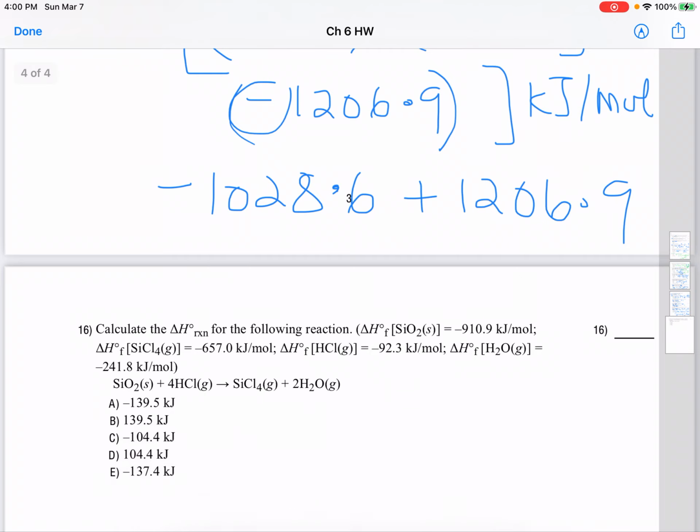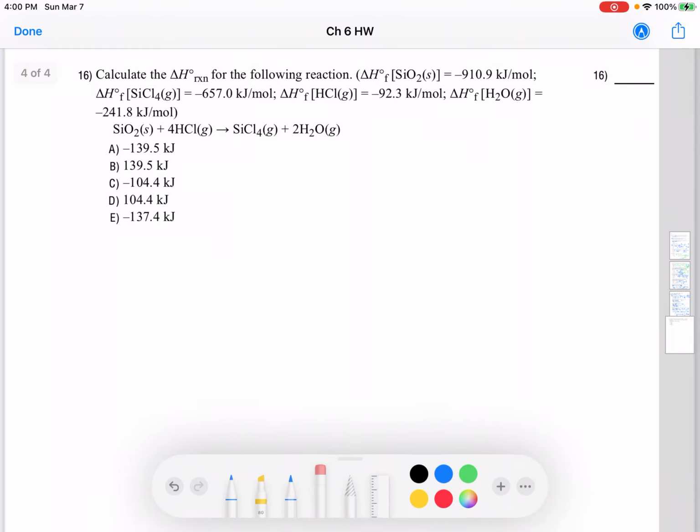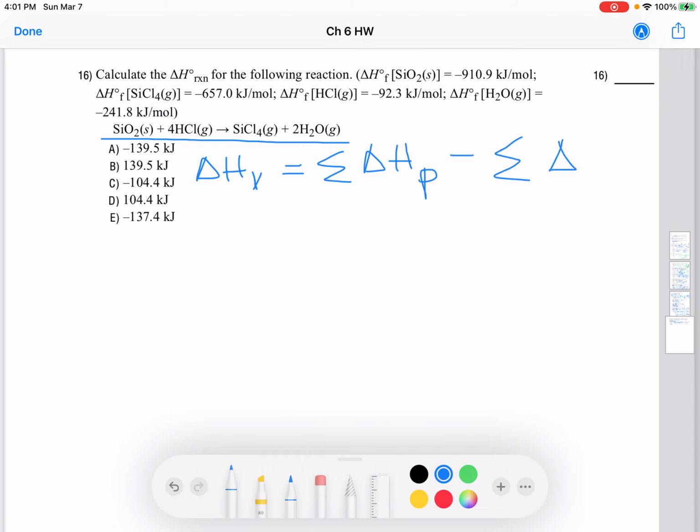And then the next one, 16. Calculate the delta H for the reaction. Okay, same thing like number 15. We are given the balanced equation along with their delta H values. Again, the delta H for the reaction is going to be the sum of all the delta H values for the products minus the sum of all the delta H values for the reactants.